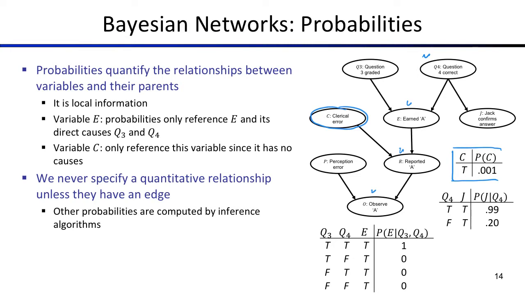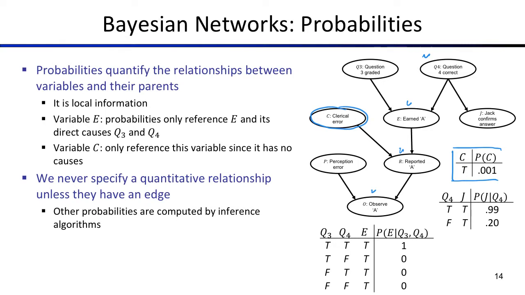We are saying that the probability of having a clerical error, that is the professor entering the incorrect grade in the system, is very small. It's 0.001, because it was said in the description of the problem that the professor is very careful. So that's good. As C has no parent, the only information that we have in the table is C, not any other variable.